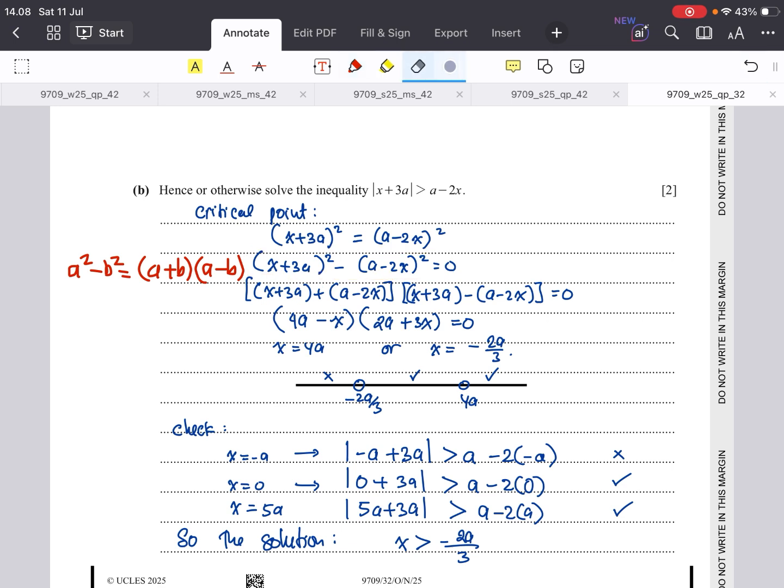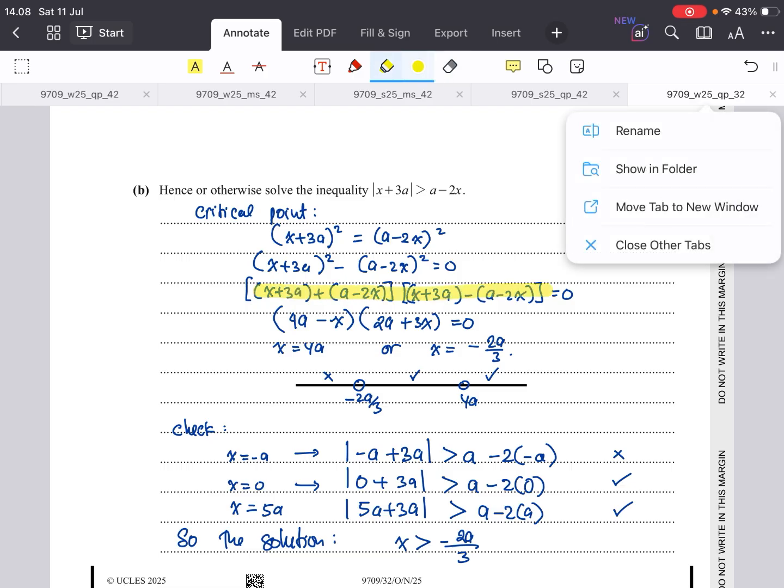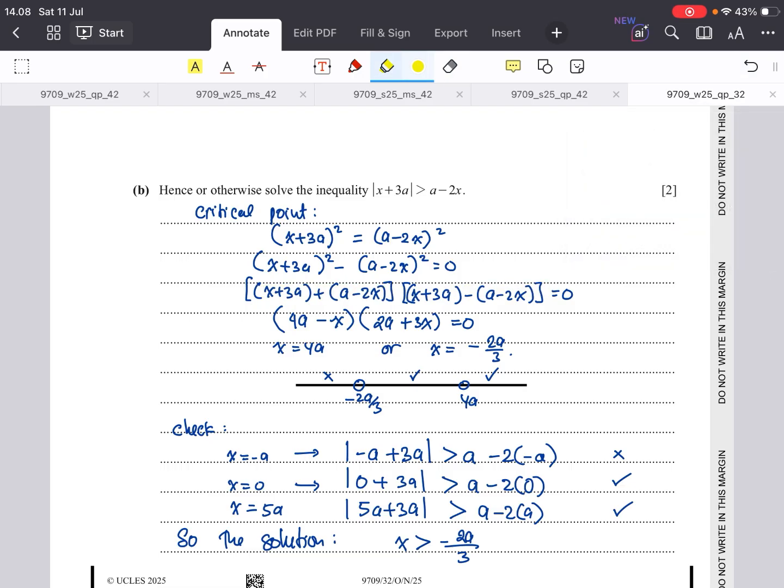So the factors are: here a is x plus 3a, so x plus 3a plus b, a minus 2x, and then x plus 3a minus b, a minus 2x. And then we simplify, we have two critical points: one when x equals 4a, the other when x equals negative 2a over 3.